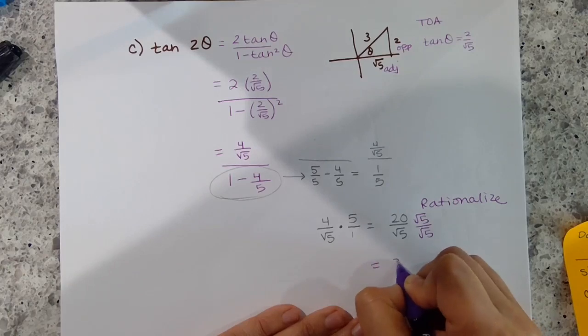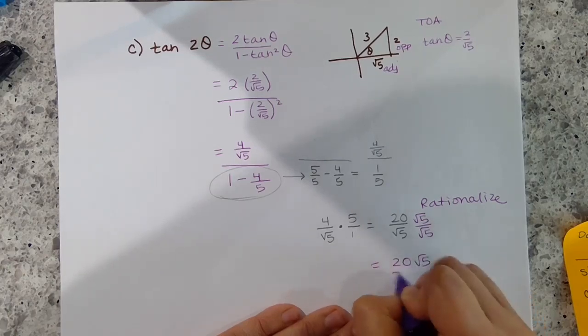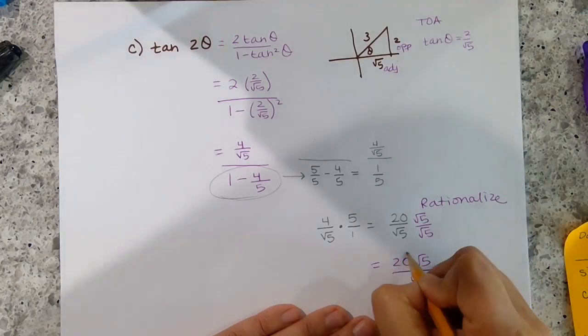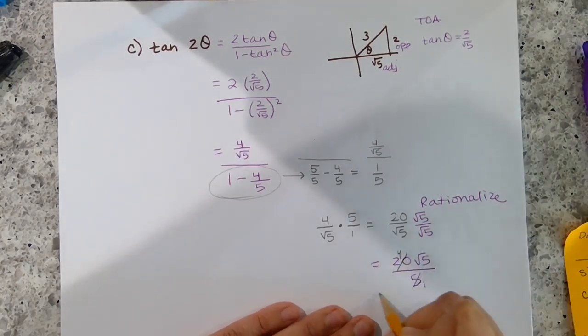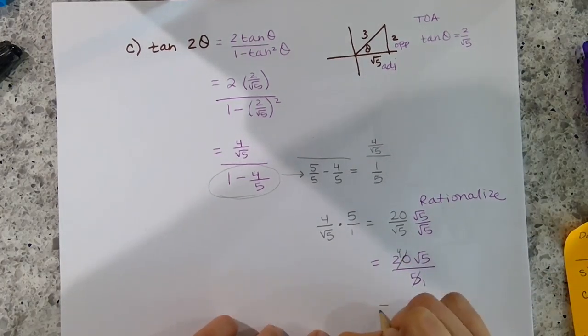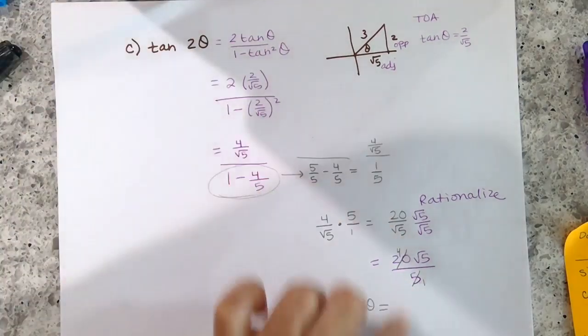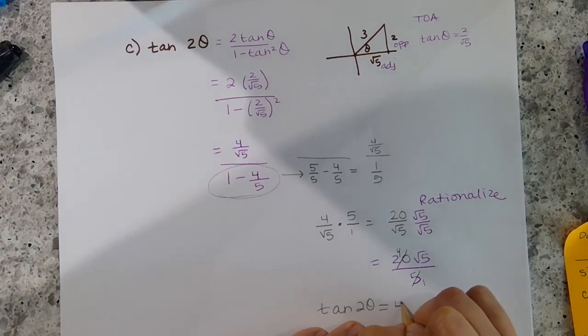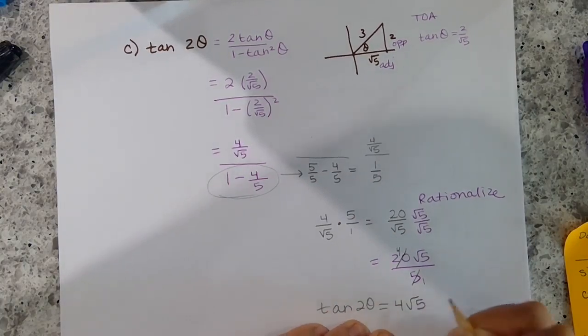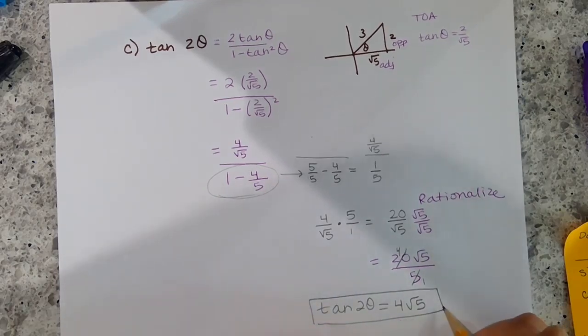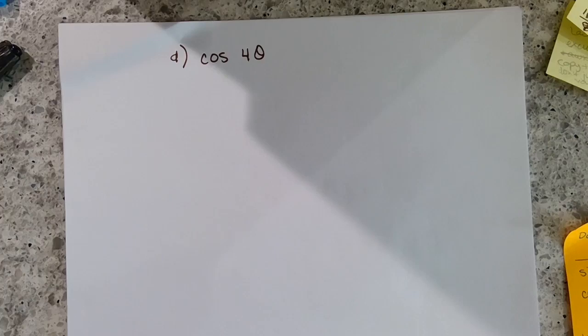So final answer is 20, and of course, 5 goes into 5 once, 5 goes into 20 4 times. So final answer, the tangent of 2 theta after all that work is 4 square root of 5. This is an exact answer. Otherwise, you could have gotten a decimal answer.